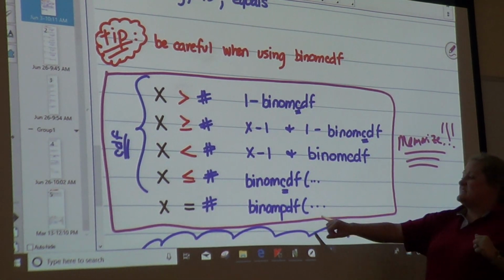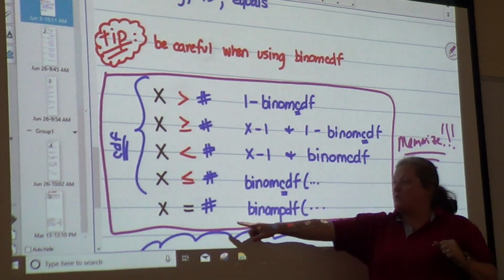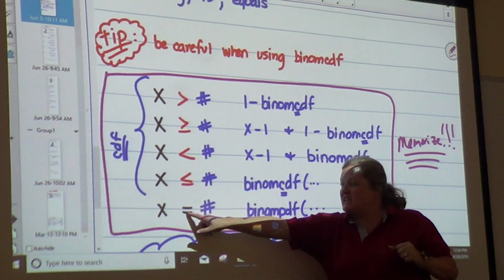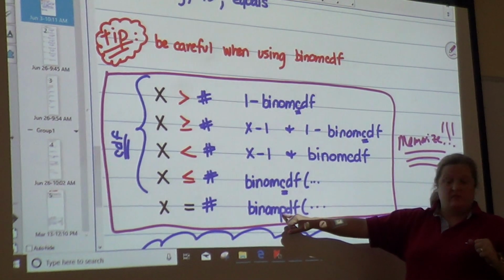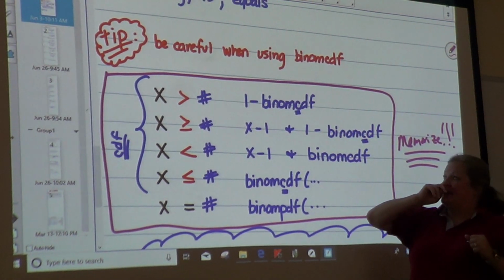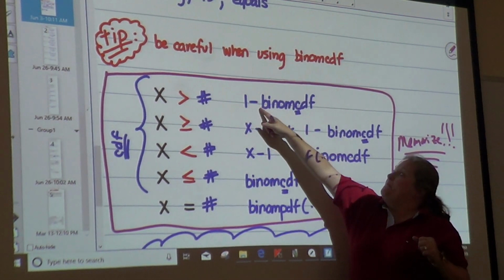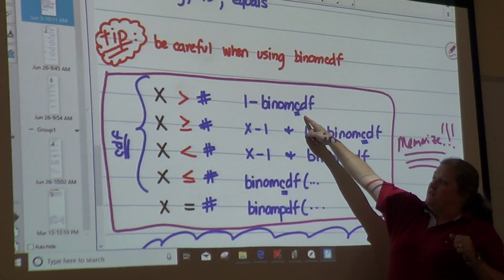The only one that's a PDF is the last one, the equal. So if it's equal, it's a PDF. All the other ones are CDF. So if it's greater than, it's 1 minus the CDF.